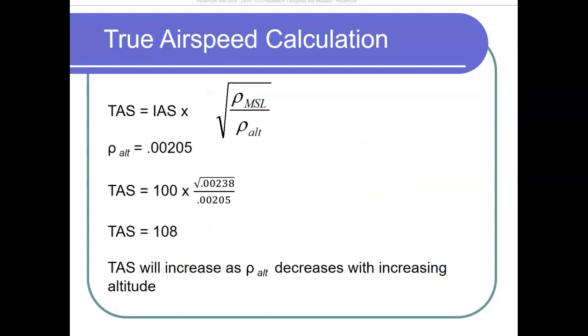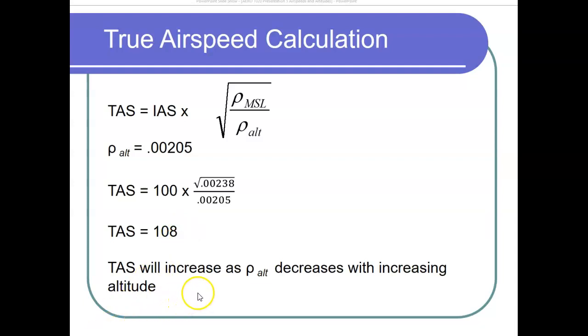Now we have the density for 5,000 feet of 0.00205. We can calculate the true airspeed by multiplying the indicated airspeed times the square root of the density at sea level, 0.00238, divided by 0.00205. And when we do that, we get a true airspeed of 108 knots.